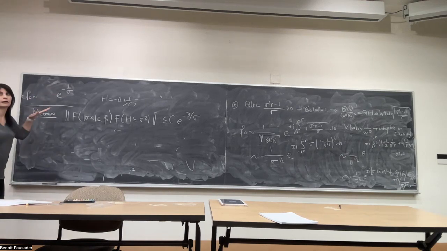I think it should be R. I don't know, maybe I did something. Plain WKB does say that the leading order, you have to take the fourth root of one of our minus sequence. Very interesting.